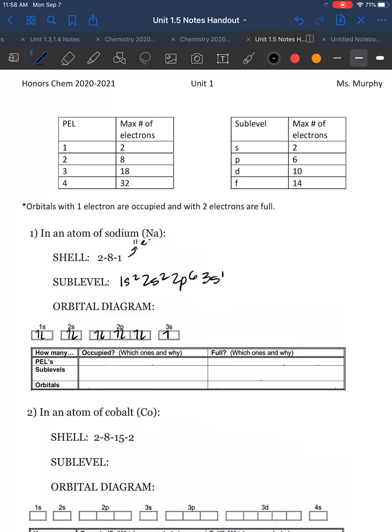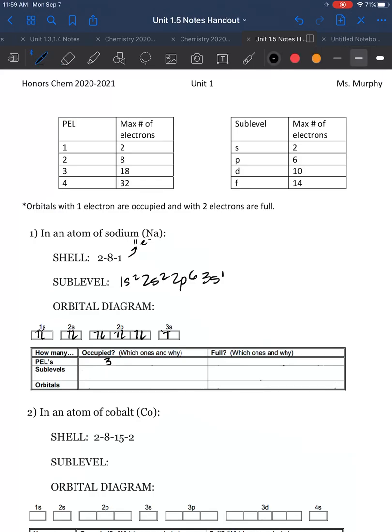Okay, so how many are occupied? Well, we have principal energy level 1, 2, we have a couple 2s here, and 3. So there's at least 3 energy levels that have at least 1 electron in it. Now, oops, kind of erased the upper half of that guy there.